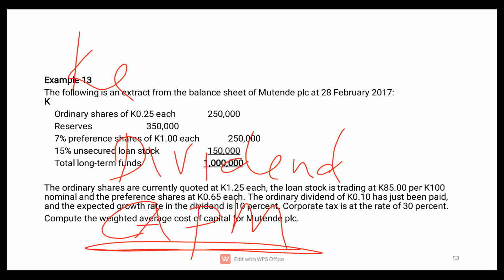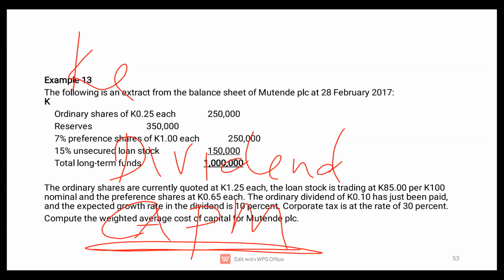Do we have enough data? Is it possible to use it, or do we need the dividend valuation model? Yes, we need to use the dividend model.